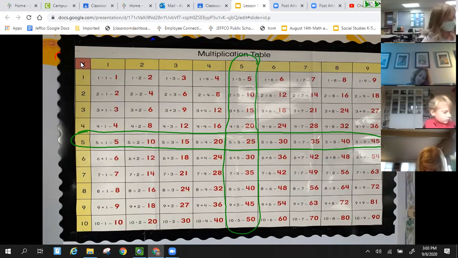You will notice that there are some different symbols for multiplication. Years ago, when I taught a long time ago, we never did these symbols. But it's a really good thing because I have high schoolers and I see their math. I can't even understand their math anymore, but they use these symbols as you get into the older grades. So it's good to know it now. Here's a symbol that means multiplication.